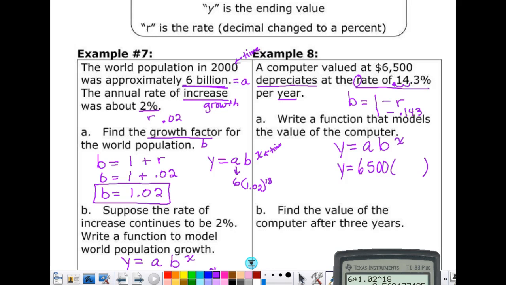Okay, well, I can't do that one in my head, so type 1 minus 0.143 in your calculator, and that's going to give us our B. 1 minus 0.143. What is it? 0.857. So that's our B, 0.857 to the x power. They still haven't told us the time yet.